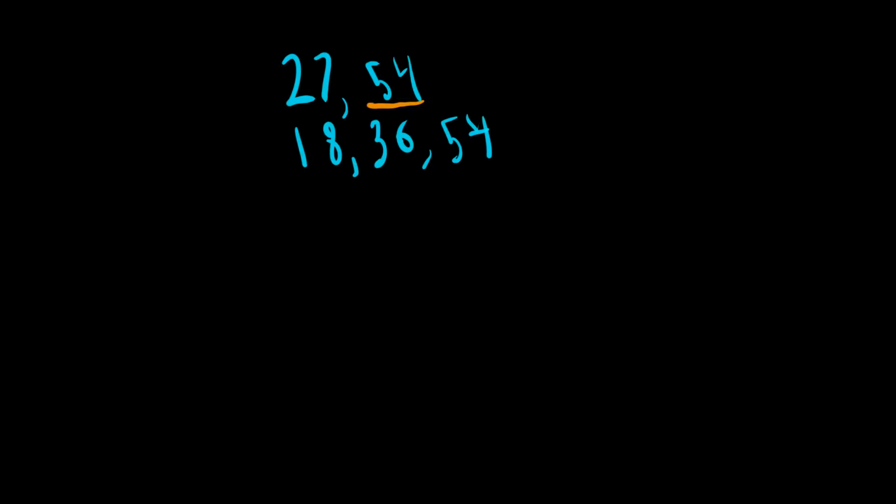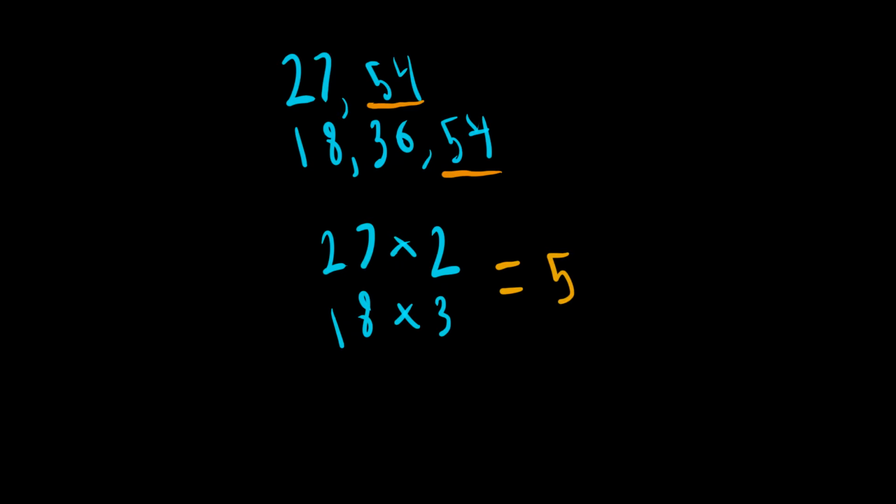They both share a common multiple of 54. So 27 times 2 and 18 times 3, and they both share the same common multiple of 54.